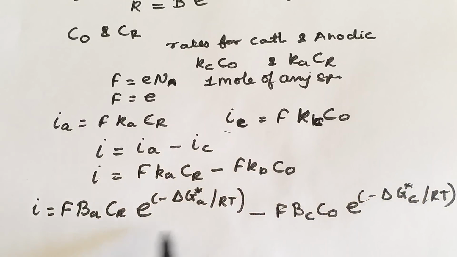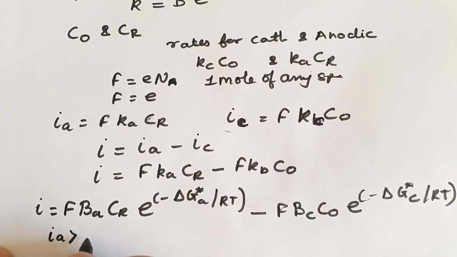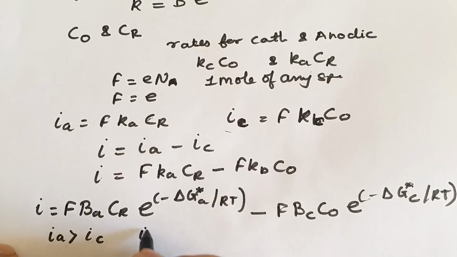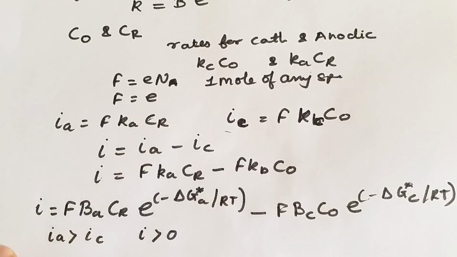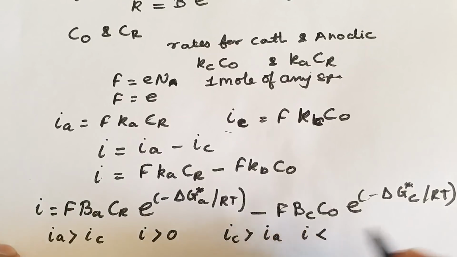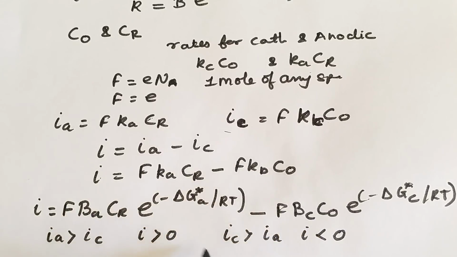So this will be our relationship after substituting the value of the rate constant. Now when IA is greater than IC, then from this we know I will be greater than 0 and the current will be an anodic current. If IC is greater than IA, then the net current density I will be less than 0 and the current is a cathodic current.